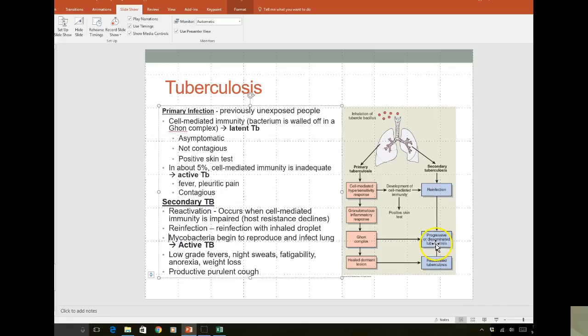So these can lead to active TB, where the bacteria proliferate and infect the lung. Okay, so then that leads to the fevers, night sweats, fatigability, weight loss, and the development of a productive and purulent or bacteria-filled cough.